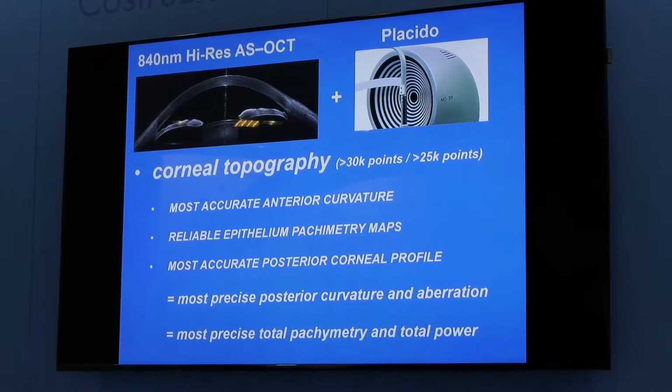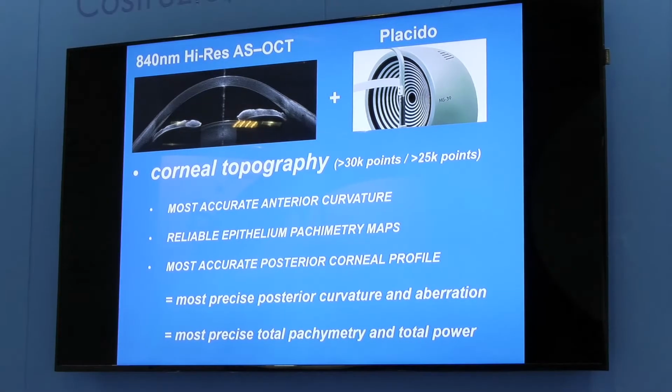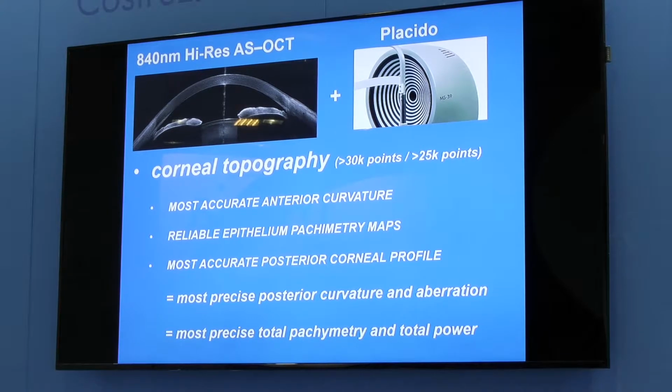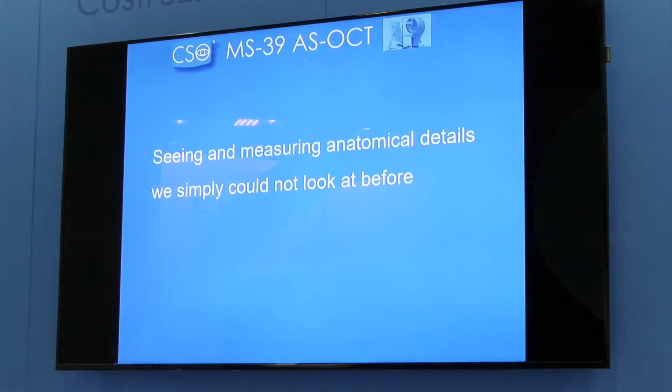And also in the optics of measurements that can be used with the most modern formulas for IOL calculations, having an instrument that gives us a precise definition of the anatomy of the cornea means we can have a precise definition of the optical properties of the cornea, so the total corneal power is something that we can measure more accurately, and this can turn out in a better precision for IOL measurements.